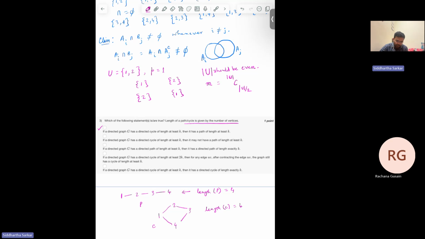So now the question is, if a directed graph G has a directed cycle of length at least k, then it has a path of length at least k. So we want to determine whether this is correct or not.